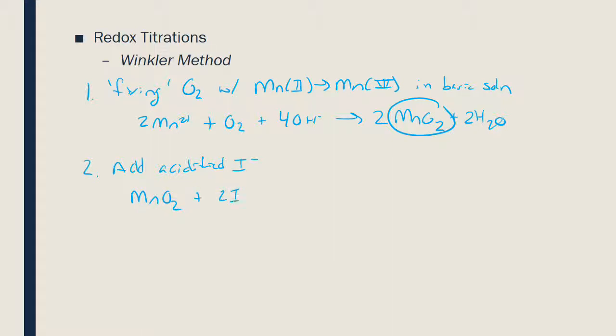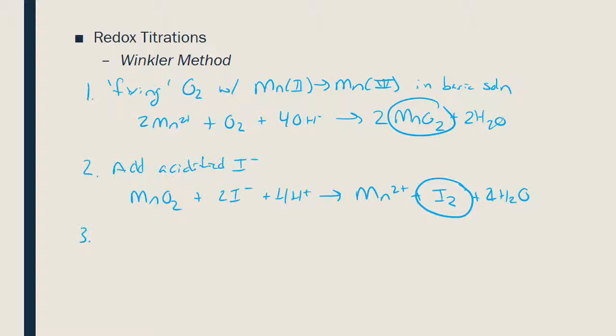We're going to react it with the acidified iodine. And that is going to release that manganese ion, make I2 and water. This is starting to look very familiar. This is the iodine thiosulfate titration. So the only thing we changed was the first step, fixing oxygen.